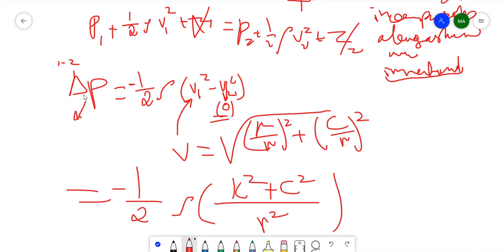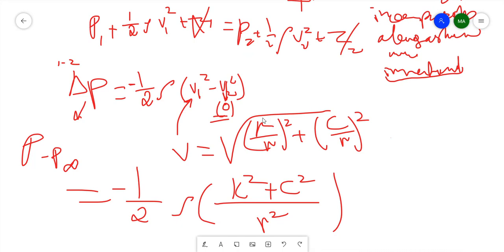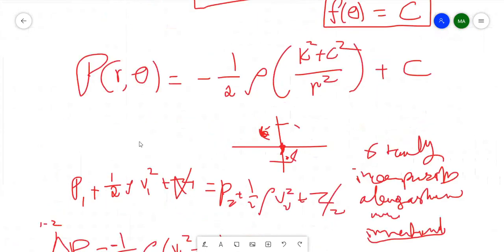Now this is P minus P infinity, because I told you, let me take P2 to be at infinity. And now compare what we have got, our result from here, with this.